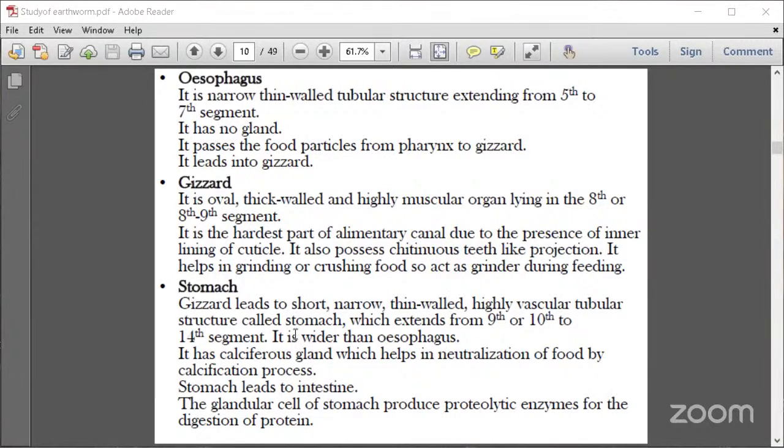It has calciferous glands which help in neutralization of food by calcification process. Stomach leads to intestine. The granular cell of stomach produces a proteolytic enzyme for digestion of protein.